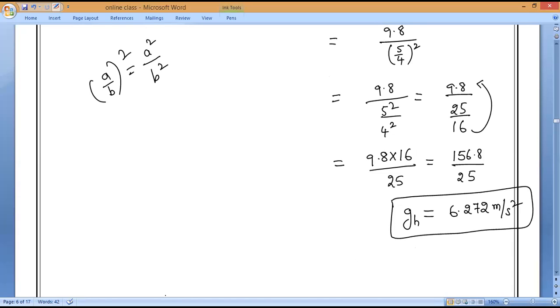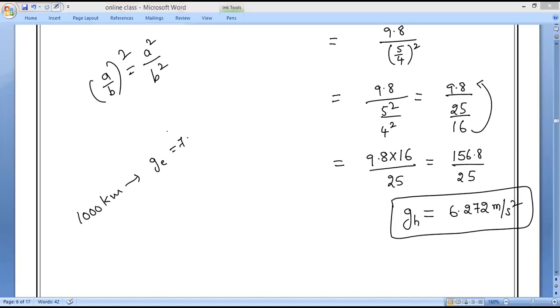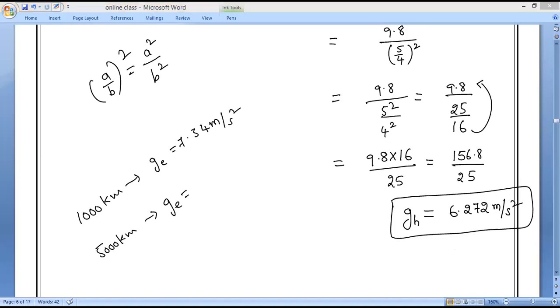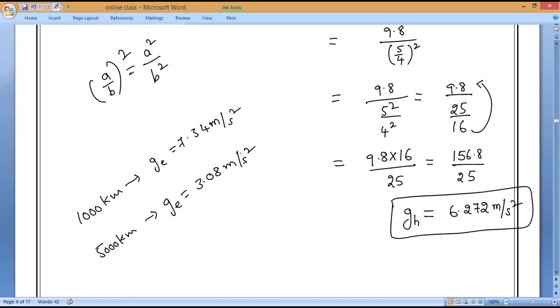Yes, sir. So we know that for 1000 kilometers, the acceleration due to gravity of Earth is 7.34 meter per second square. Now for 5000 kilometers, what is the g value? 3.08 meter per second square.